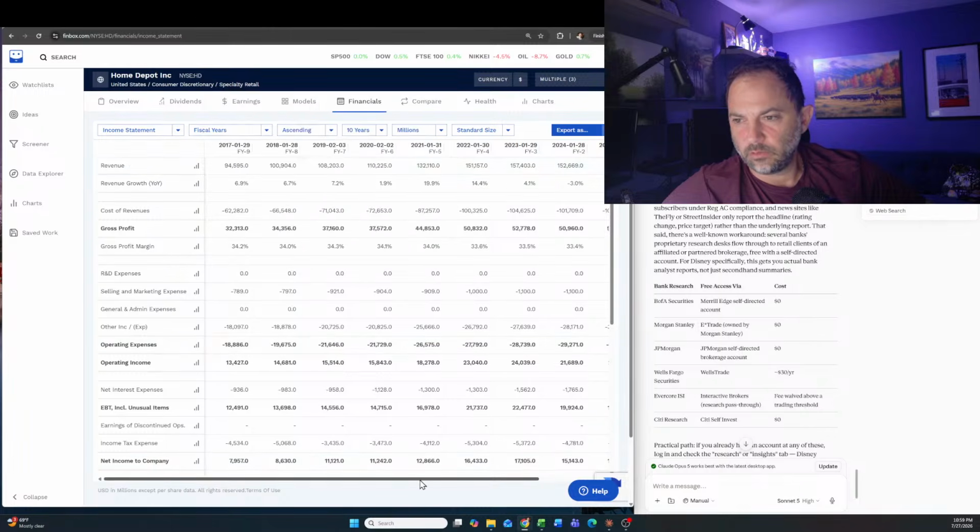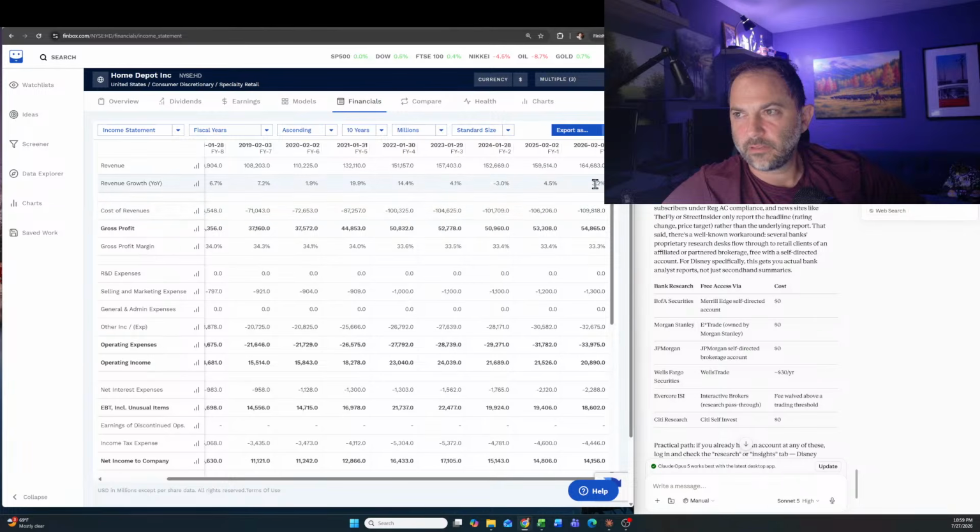So Home Depot growing top line recently, 3-4%. So right above inflation. Like inflation's 3% right now. So we're at 3.2 last year, 4.5, negative 3 in '24. That's not good. And then they had massive growth in '21 and '22. That was kind of the COVID era build out.